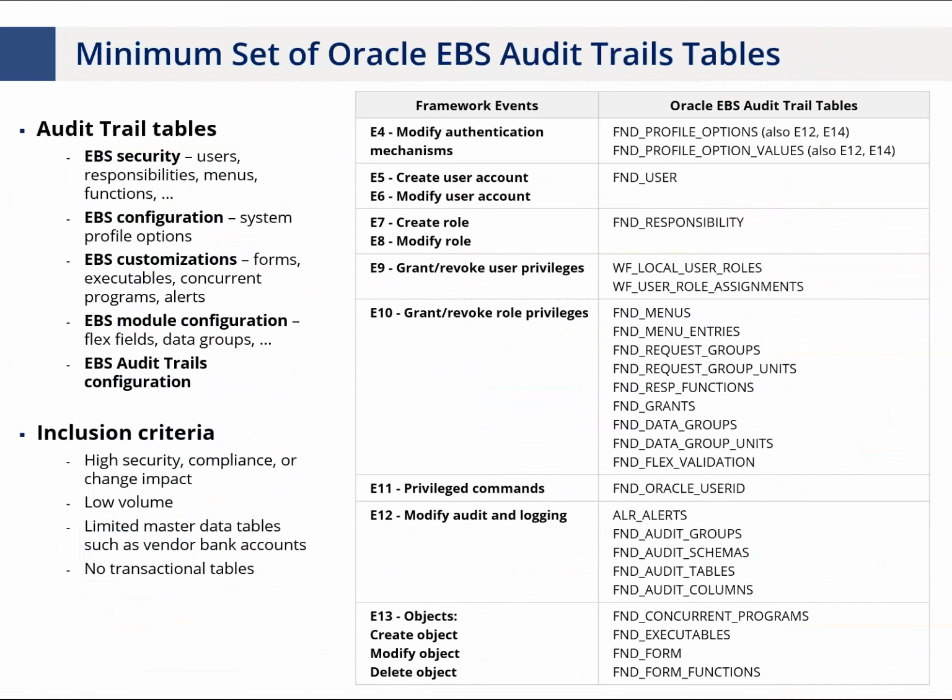There are really two ways to think about auditing. One is I've got a specific need, I want to capture the information, and I want to do something with it. A lot of these lists are about generating reports and sending them off to say, yes, these responsibilities got changed, these menus got changed, these functions were assigned to different people, and I may want to sample and understand that.